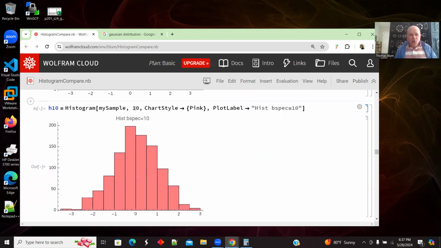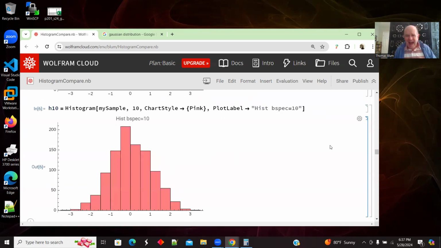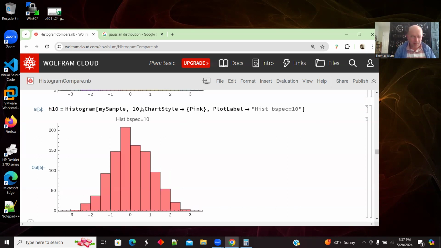Now, I don't quite know what they mean by 10. So I have this second parameter, and there are variations on this bin spec parameter, and one of them is just a number.